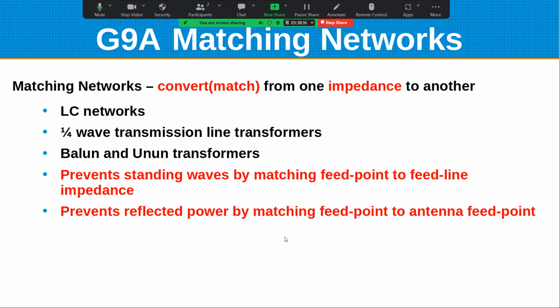And when it gets back to the transmitter, it can be reflected back from there. So you get a little more loss, and a little more of it gets to the antenna. So it's not totally lost, unless you have very lossy feed line.